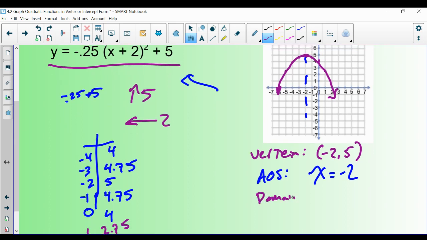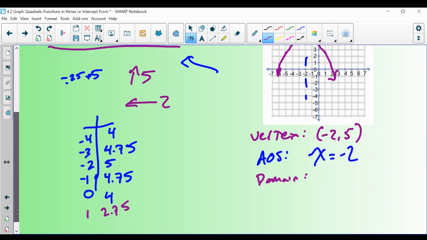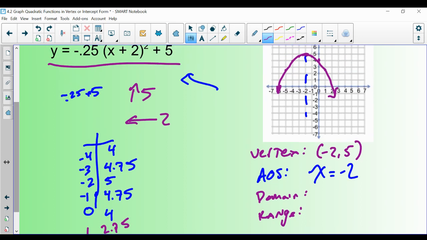Mr. Nyquist has crazy expectations of you to list the domain and the range as well whenever you're graphing from here on out. The domain of this function, if you recall, is all real numbers. This graph goes to the left forever and to the right forever. As for the range, which y values does this graph ever achieve? In this one, it happens to go down forever, right?